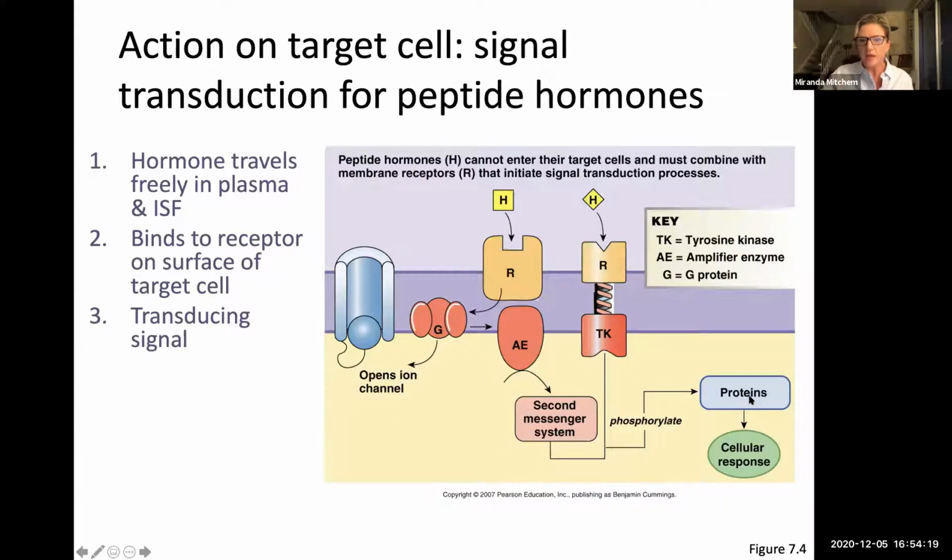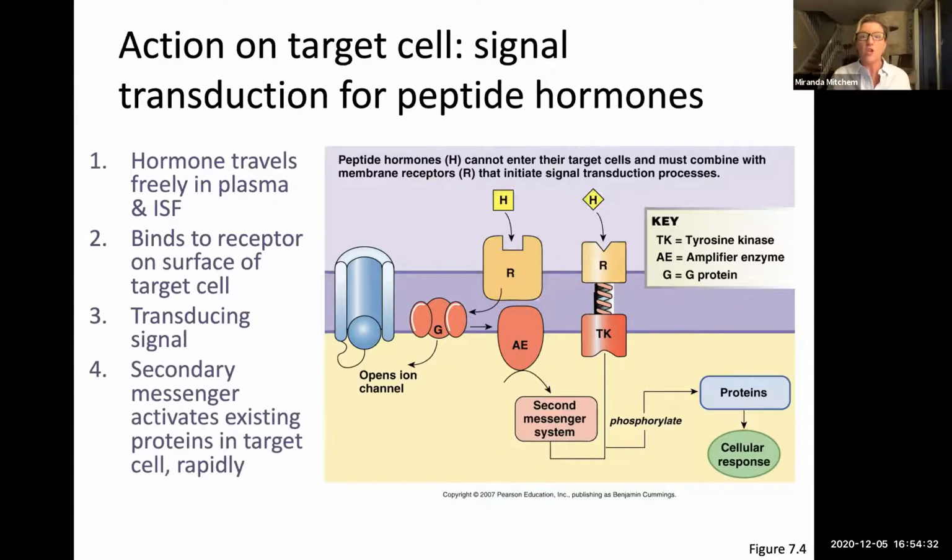So this protein inside the cell is stored inside this target cell, ready to go. It does not need to be transcribed and translated. That would take time. So part of the way that we get our very quick responses is because we've got two main mechanisms to amplify the signal to act on a protein that is already produced.